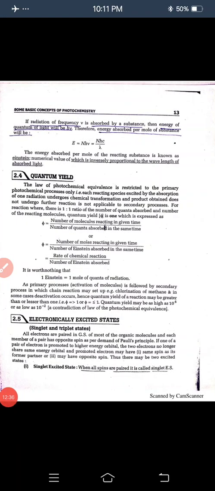Now we discuss quantum yield. This is also an important question according to university exams. The law of photochemical equivalence is restricted to the primary photochemical process only, that is, each reacting species excited by the absorption of one radiation undergoes chemical transformation and the product obtained does not undergo further reaction.